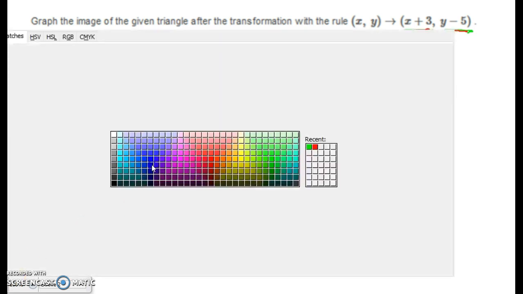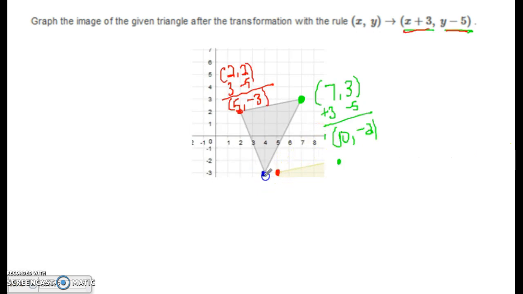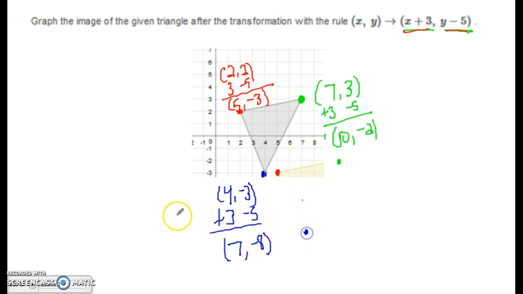And then let's do the last one. This one right here is located at 4, -3. Again, apply your rule, so you're going to add 3 to x and subtract 5 from y. And your new ordered pair would be at 7, -8. 3, 4, 5, 6, 7, 8. So somewhere down there. And this would be your new triangle.